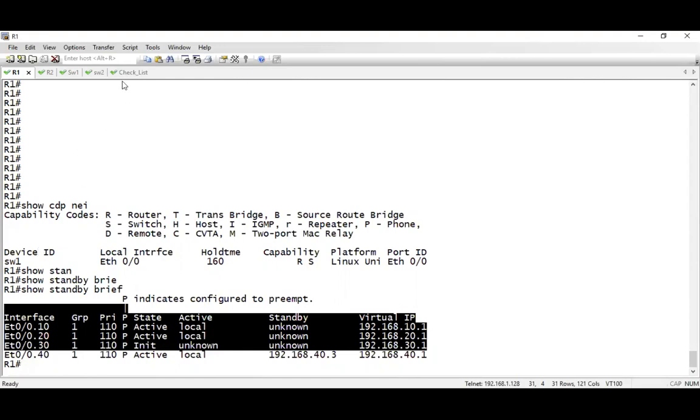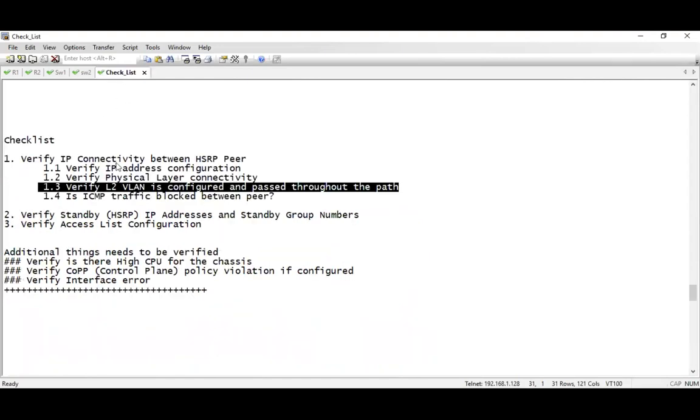I always recommend you follow this checklist, which says we have to make sure the physical layer is fine, IP addresses are configured properly, L2 is configured properly, and HSRP configuration is fine. We are not blocking HSRP hellos and UDP port 1985.